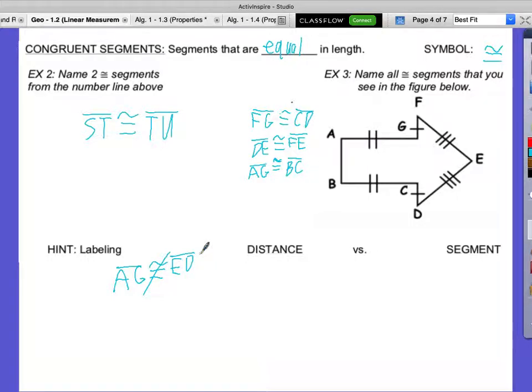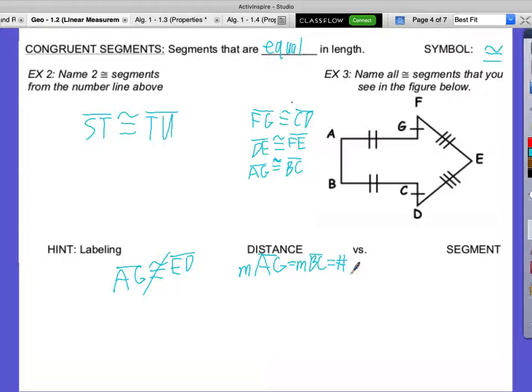Okay. So, talking about distance versus segment, okay? Distance means the measure, little m for measure. The measure of segment AG is equal to the measure of segment BC, and those are both equal to some number.